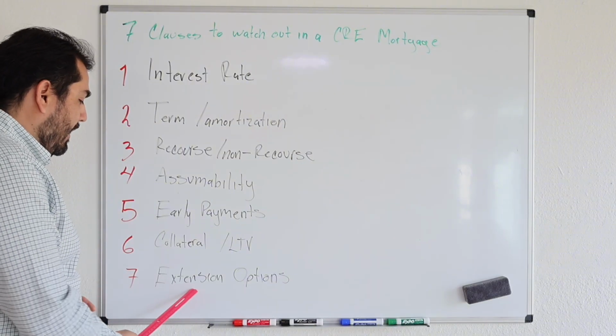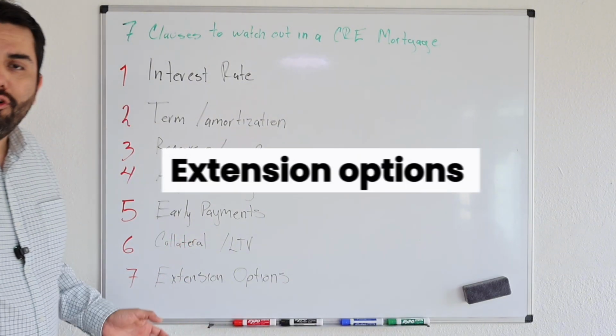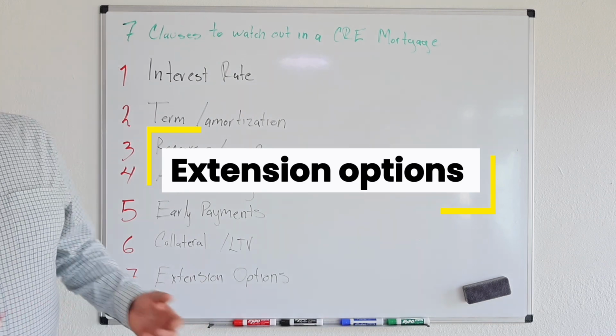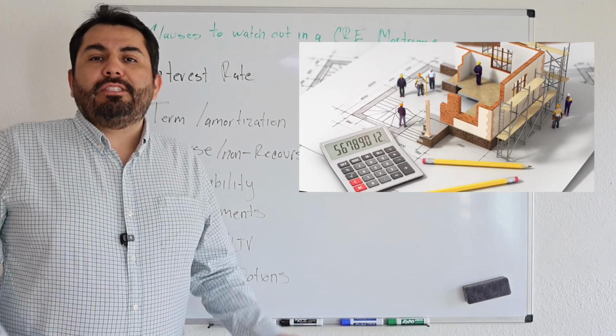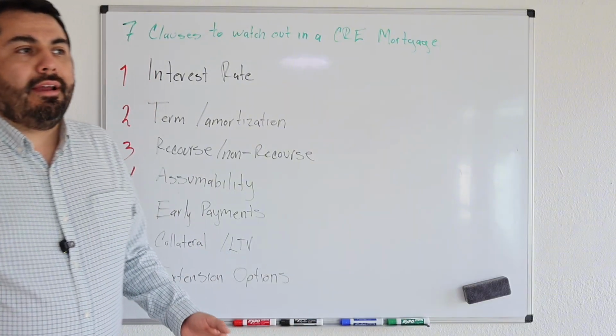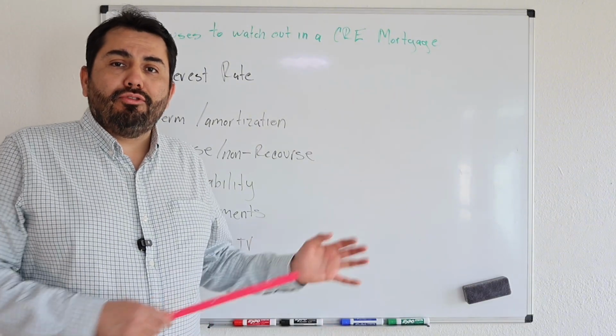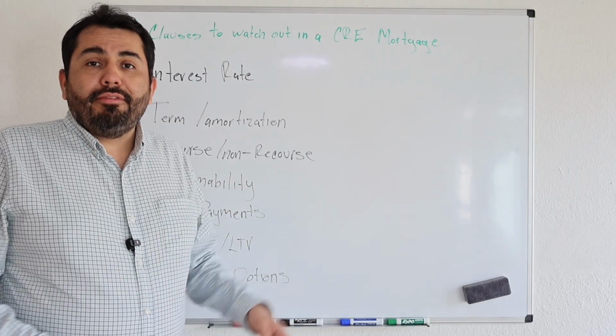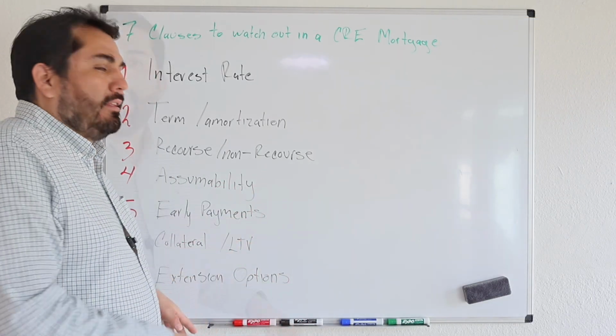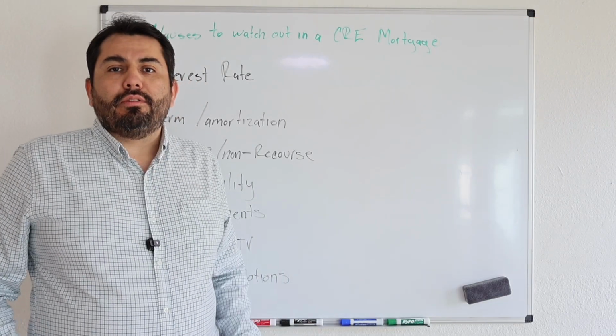And the last thing is the extension options. This is more important for example for construction loans or bridge loans, when you are trying to add value to the property, to sell it or to refinance. Maybe you got a 2-year bridge loan.